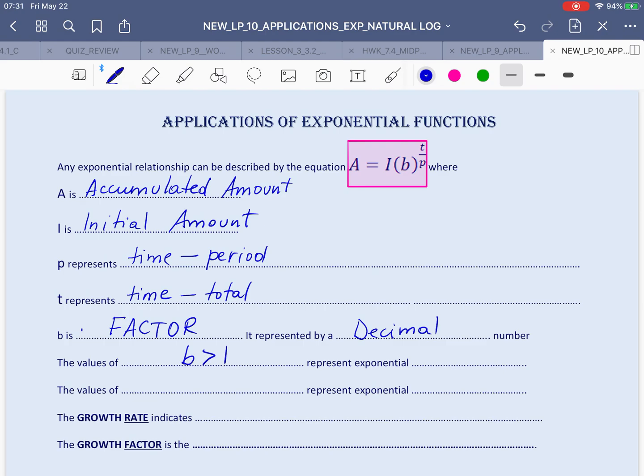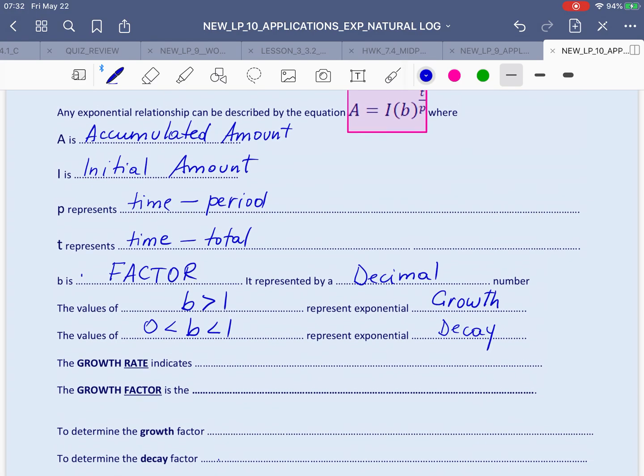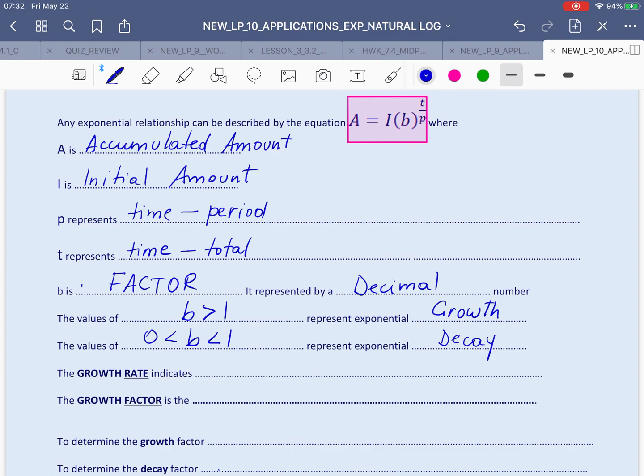Sometimes it can be a whole number. Values of B bigger than 1 represent exponential growth. Values of B less than 1 and always bigger than 0, because B has to be a positive number, represent exponential decay.